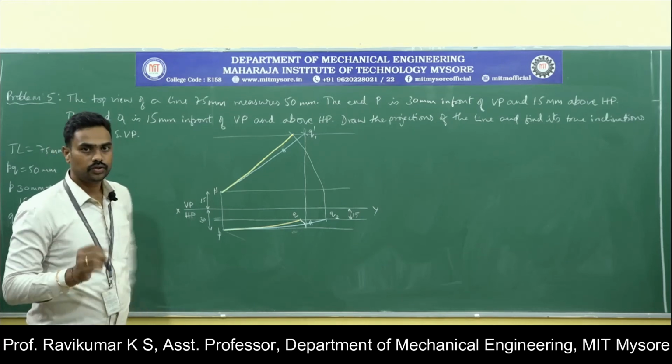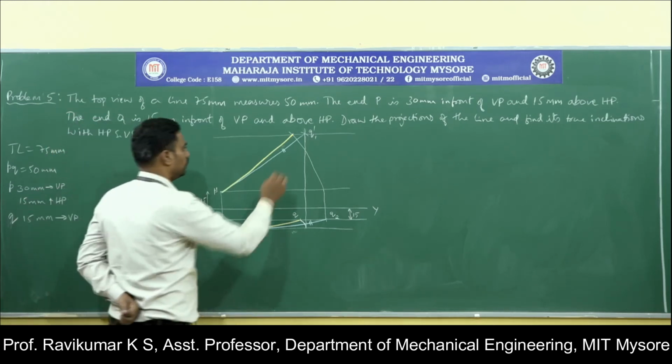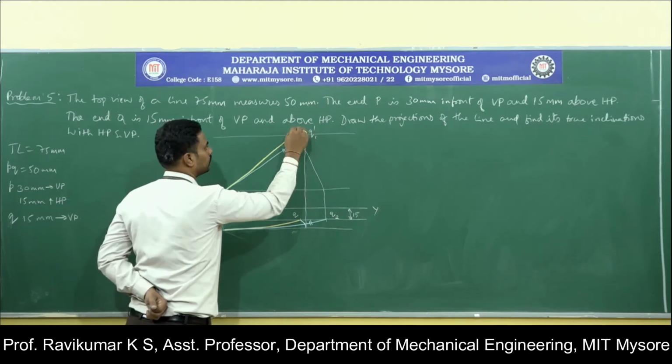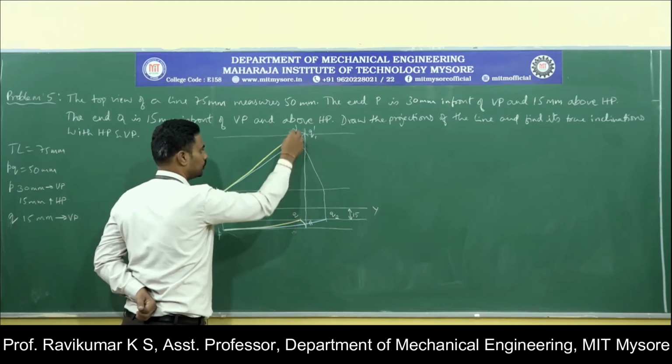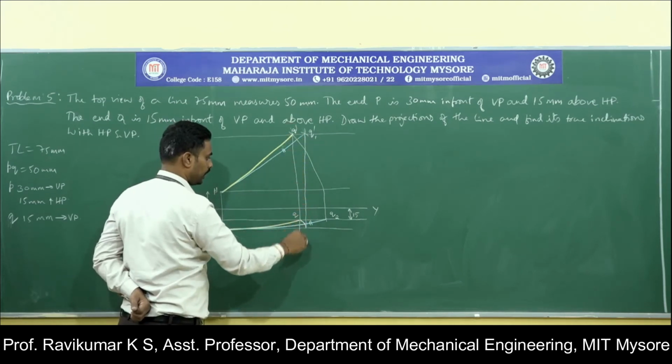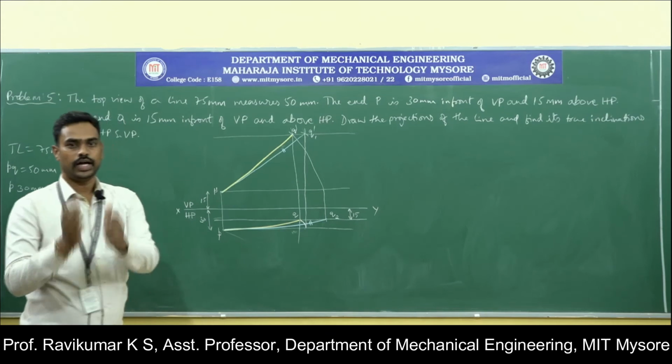And one thing you make clear, that the apparent length projector, this point that is Q dash and this point Q should fall in the same line. So these 2 points should fall in the same line if you draw it for the actual scale.